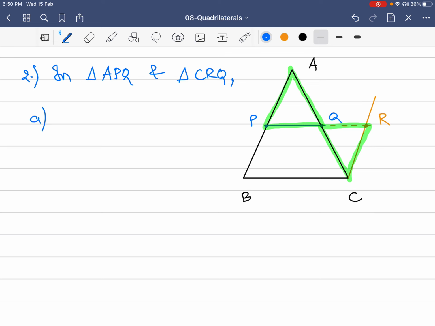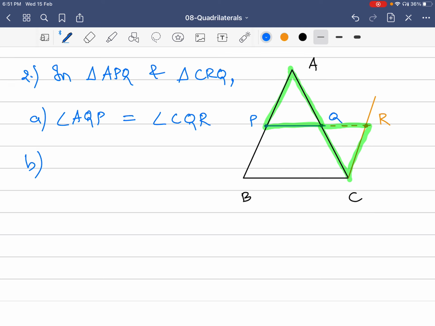Step number 1: we know that angle AQP is equal to angle CQR, because they are vertically opposite angles. That is the first thing. Now the second thing is, now focus on this.